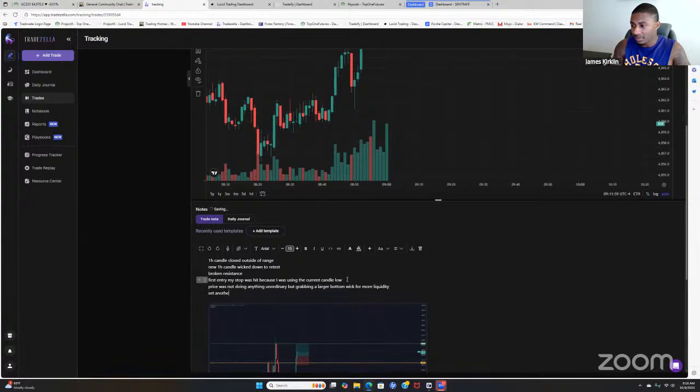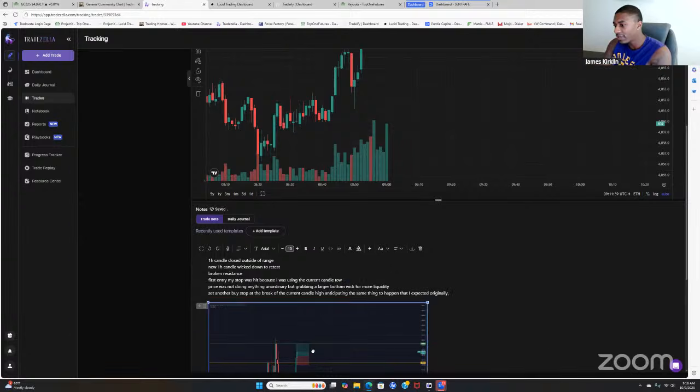I set another buy stop at the break of the current candle high, anticipating the same thing to happen that I expected originally.